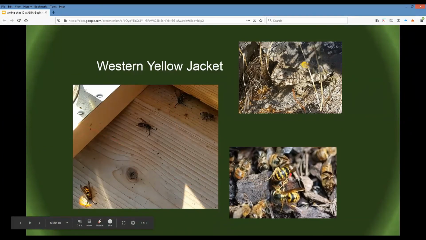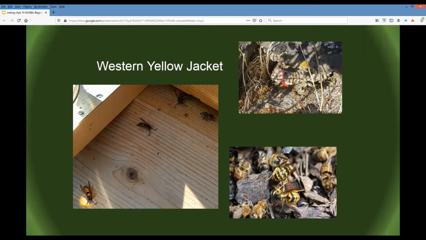That's fine. It can be beneficial, except later in the spring and summer, they're looking for a lot more protein. And so sometimes they'll even decide, oh, it's not enough to get the dead bees. I want to get down into the hive and actually just invade and kill the whole hive.